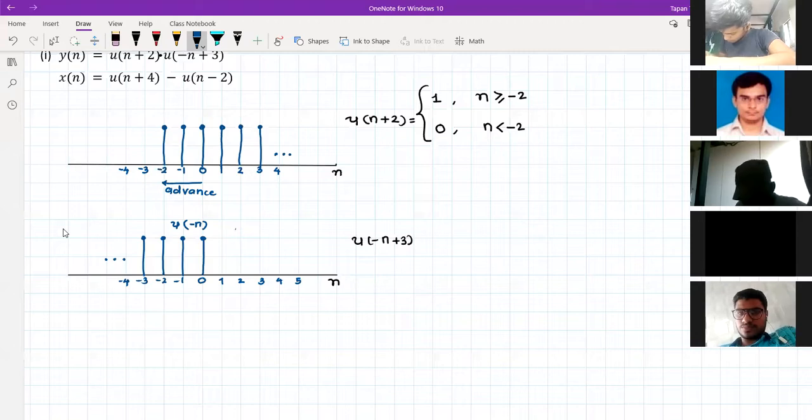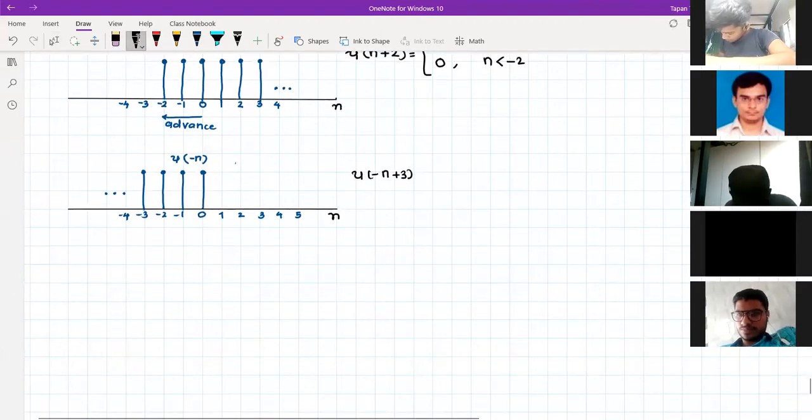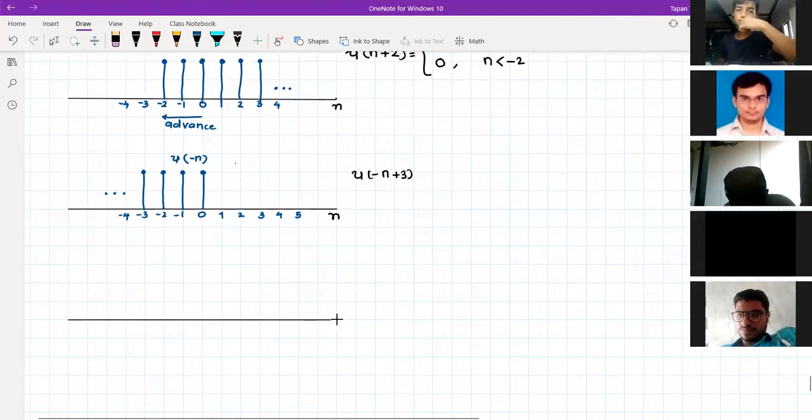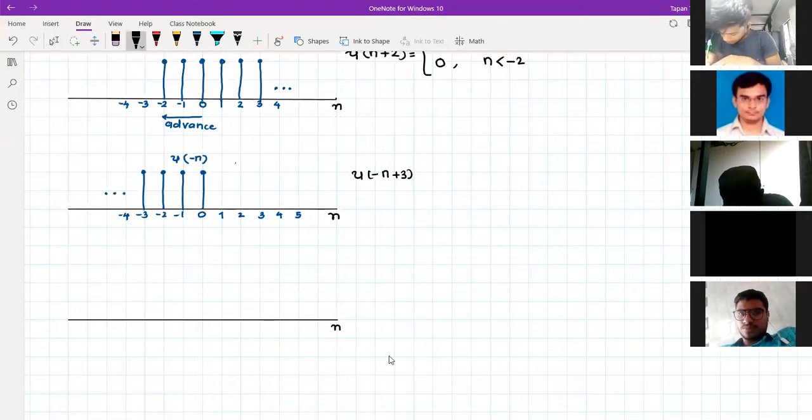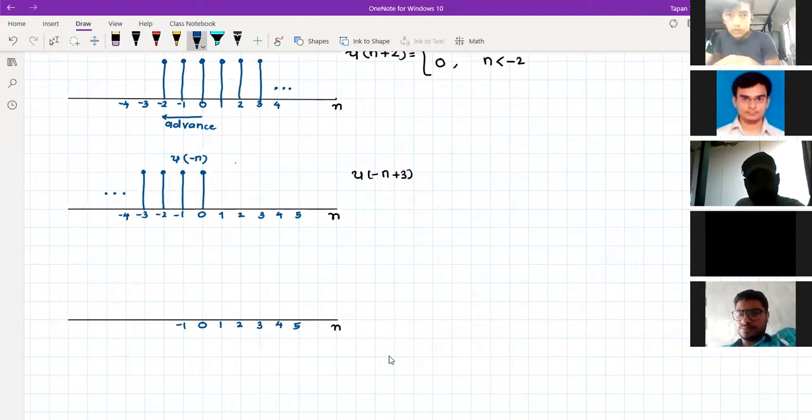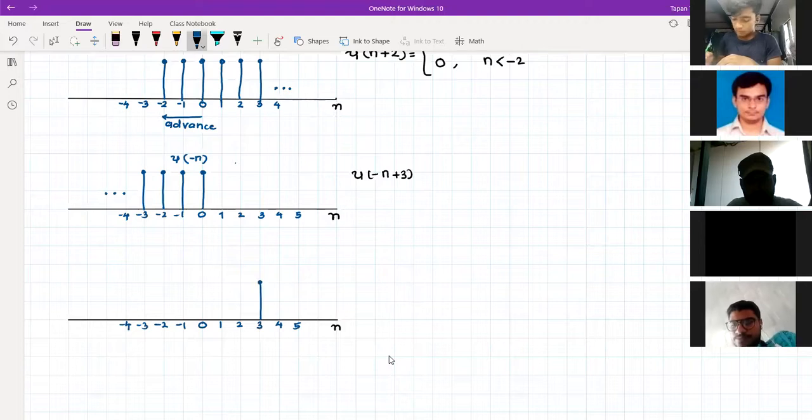So then u of minus n plus 3: this is 0, 1, 2, 3, 4, 5, minus 1, minus 2, minus 3, minus 4. So minus n plus 3 means it starts at 3 and then goes into the negative direction.